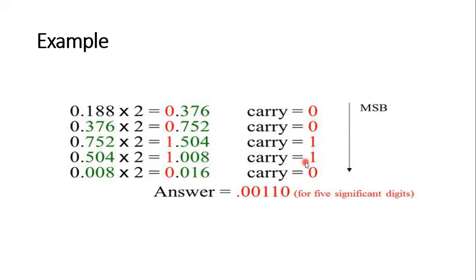So 1 is the carry, you put here. Then this 0.008 is multiplied by 2, 0.016, since no carry, you put 0. So this is going on. Therefore, we take from top to bottom, 00110. That is 0.00110. So normally you take 5 significant digits.